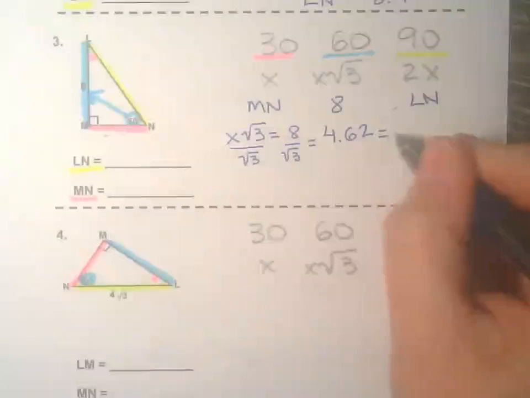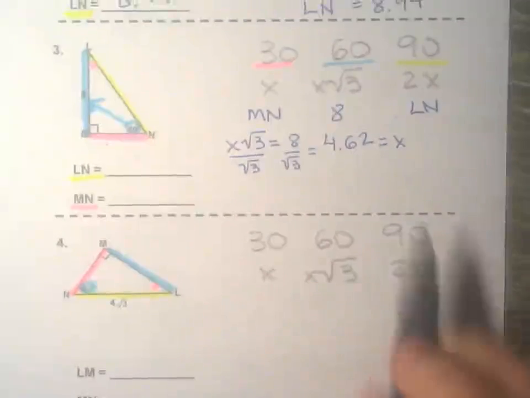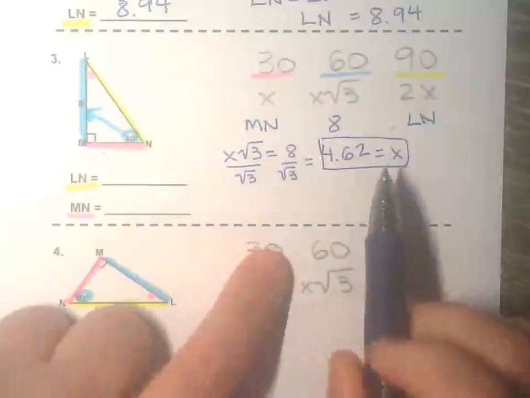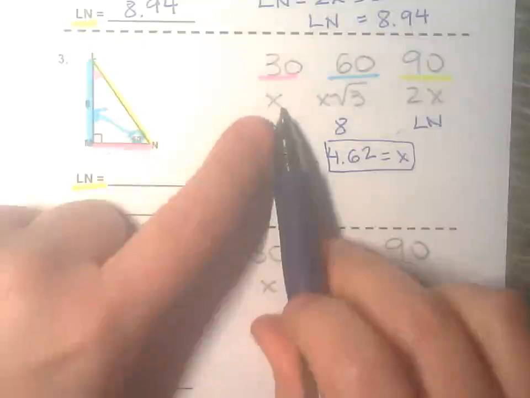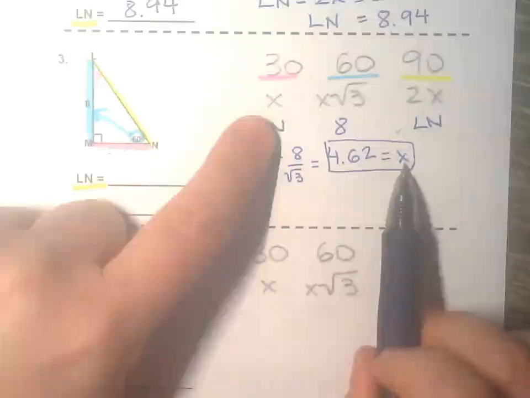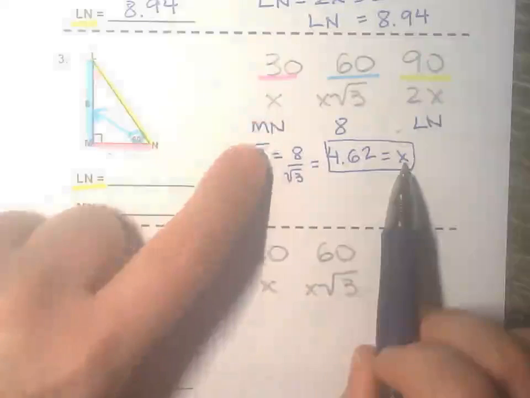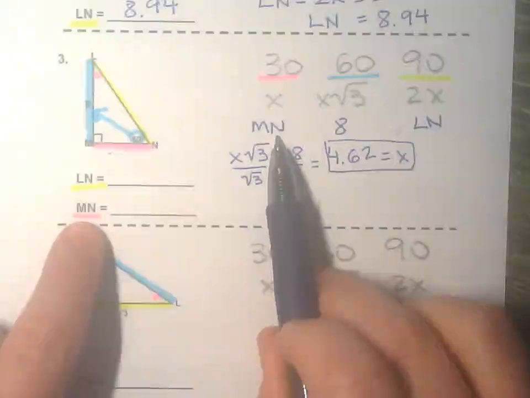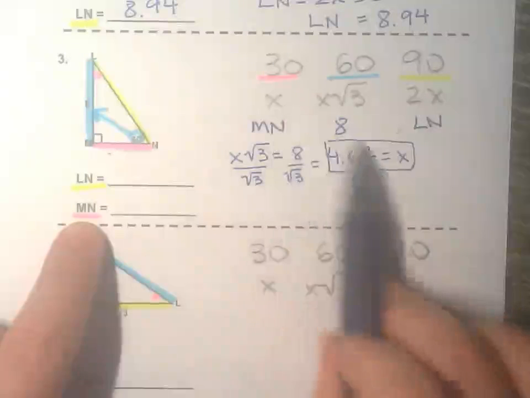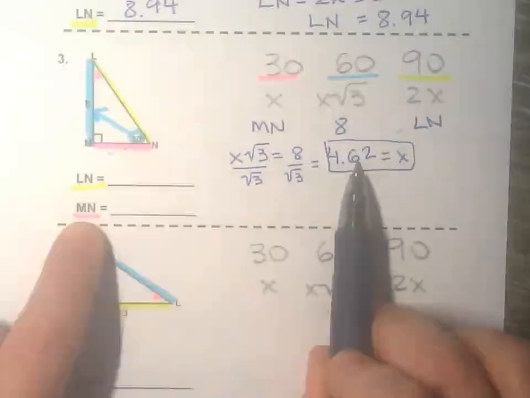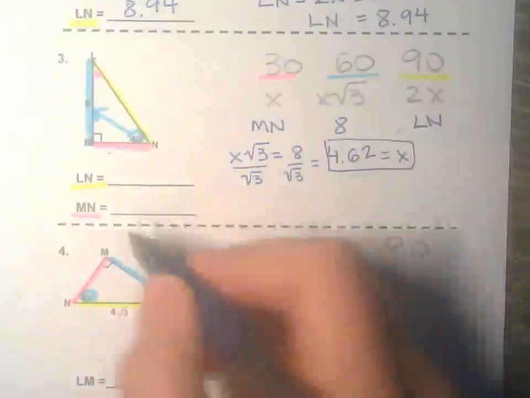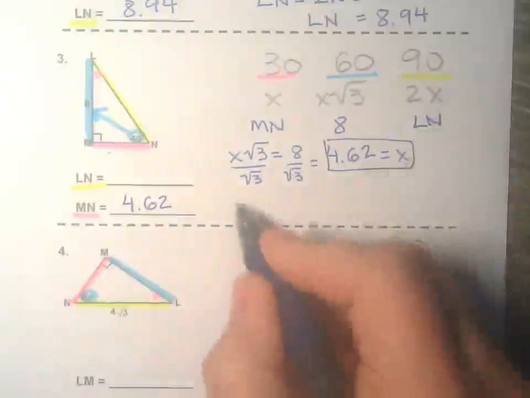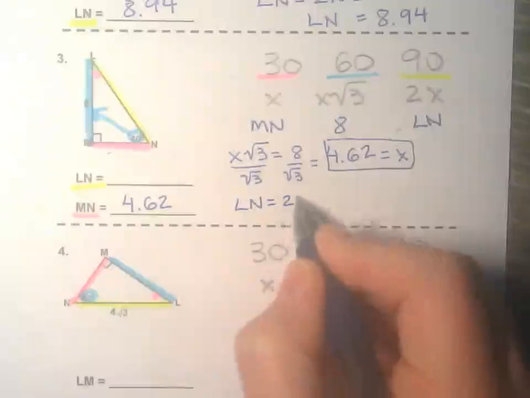I did all this work just to find x. Now, if you look over here, I'm going to box it because we're going to use it. I have x, 462. I'm looking for MN. MN right there. And it's just x. Okay? Label your stuff. LN is 2x.